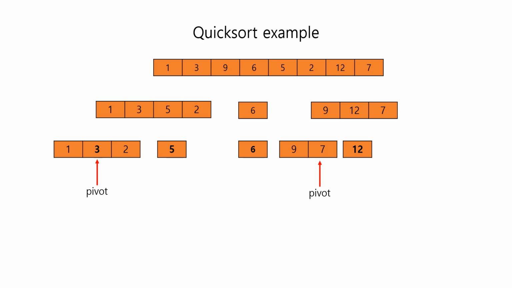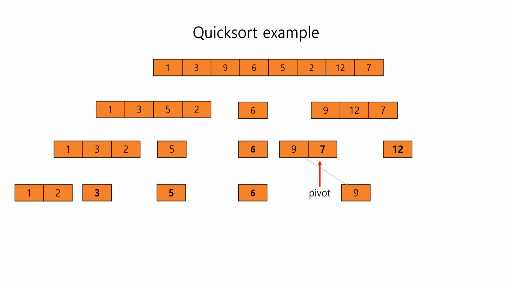And here, let's select the pivot 3 for the left subarray. And then the number 1 is less than the pivot, and number 2 as well. So they go to the left, and these are newly sorted elements. And this time the pivot is 7, and number 9 goes to the right of the pivot 7.